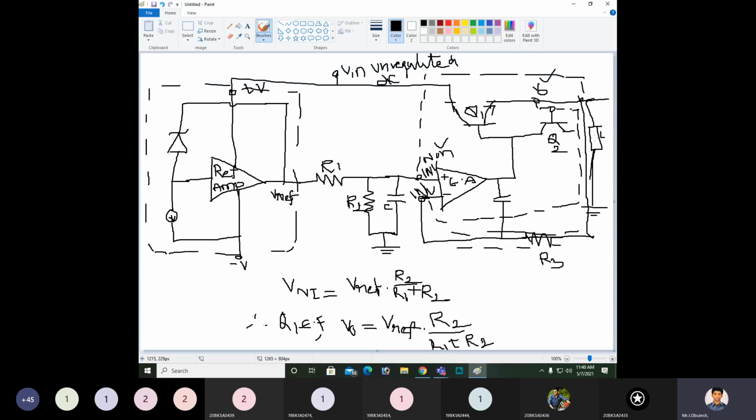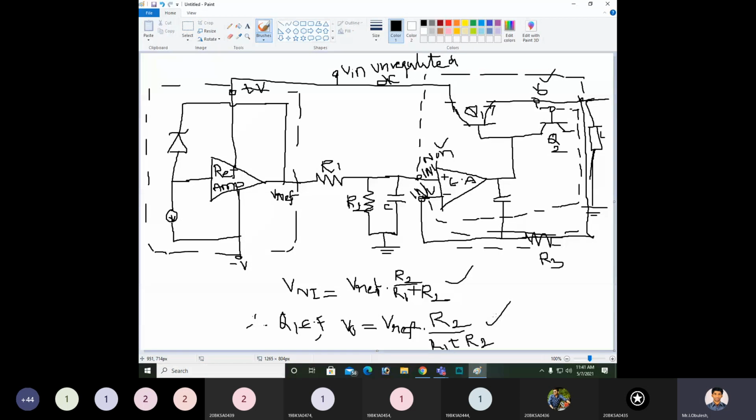The non-inverting input voltage is equal to V reference times R2 by R1 plus R2. If Q1, the pass transistor, acts as an emitter follower, then the inverting input voltage equals V naught, which equals V reference times R2 by R1 plus R2. That is what we are writing here.